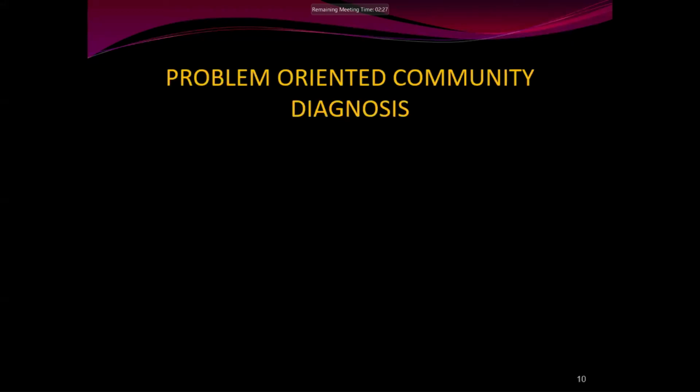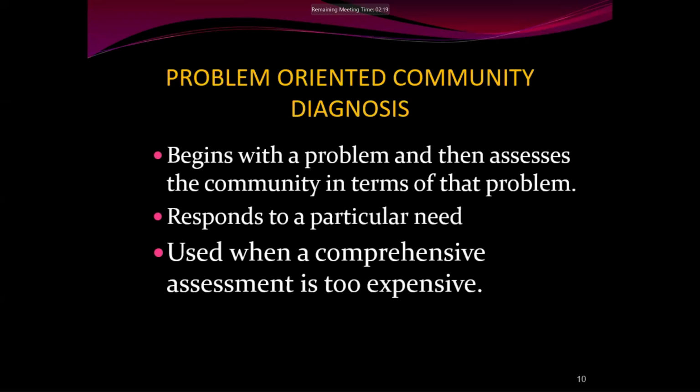Now, problem-oriented community analysis. Begin with the problem and then assess the community in terms of the problem. You have to choose a particular problem for the diagnosis, responding to the particular needs. We focus on one significant or particular need in the community.